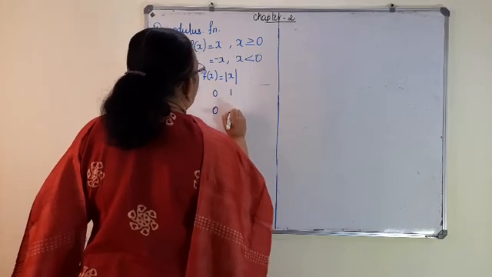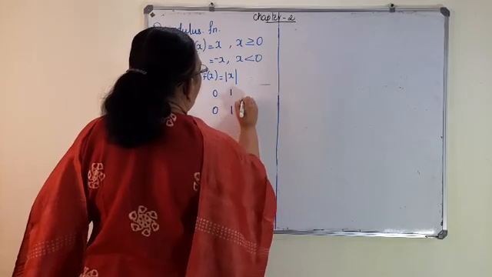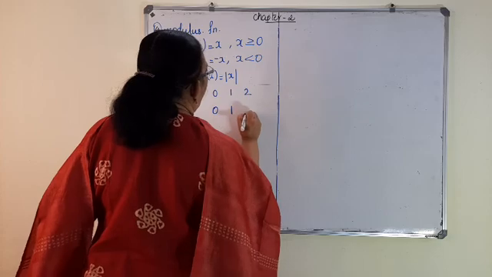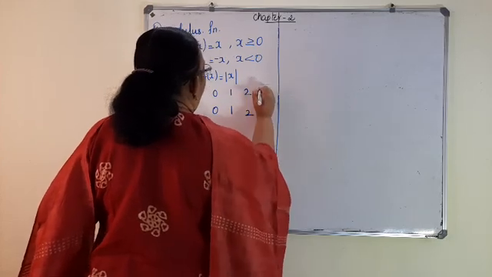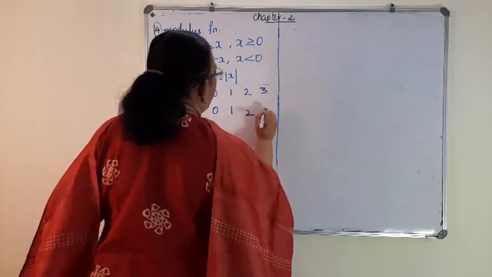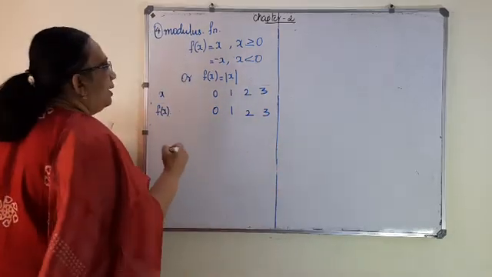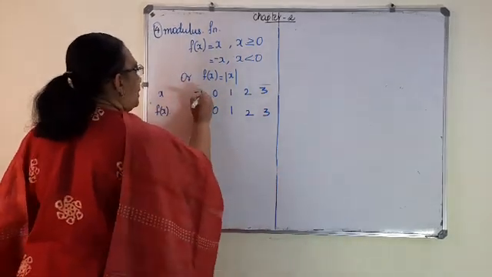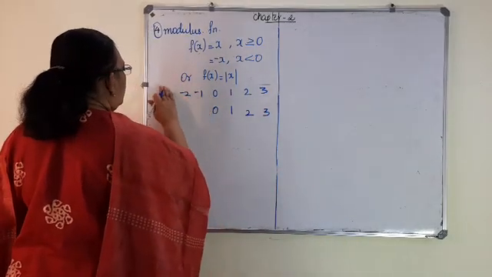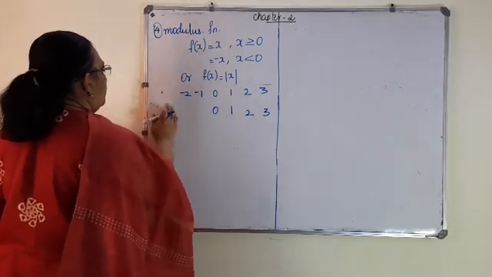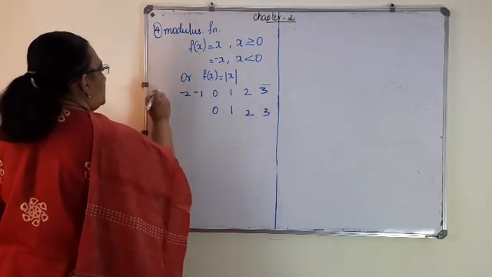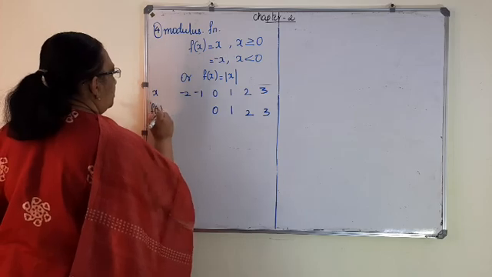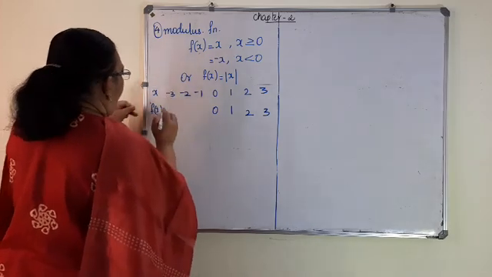When x is equal to 1, f of x is equal to 1. x is equal to 2, f of x is equal to 2. x is equal to 3, f of x is equal to 3. Now for x less than 0: minus 1, minus 2, minus 3.